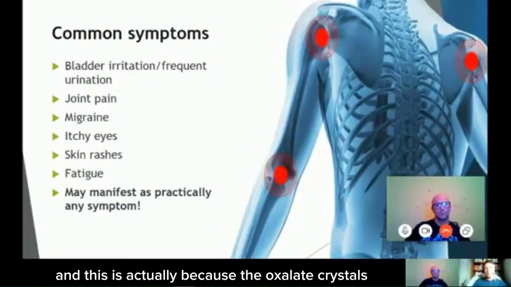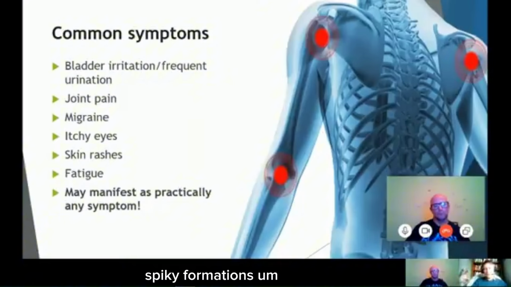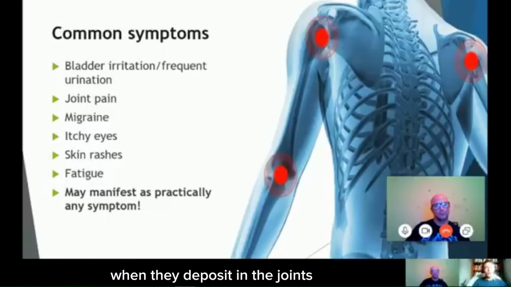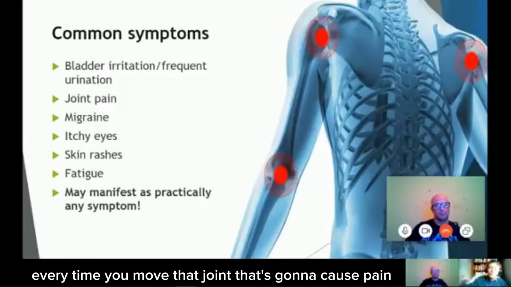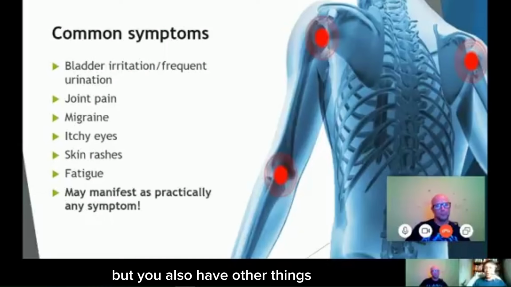This is because of the oxalate crystals, if you think back to the structure we were talking about before, with the spikes and the rectangular spiky formations. These can deposit in the joints. Imagine you've got a very tiny razor blade deposited in the tissue of your joint. Every time you move that joint, that's going to cause pain and inflammation.